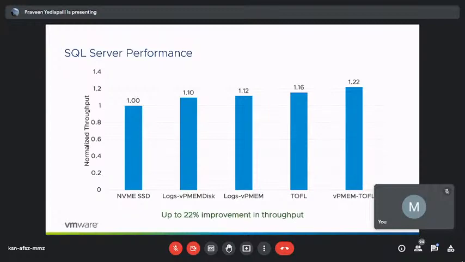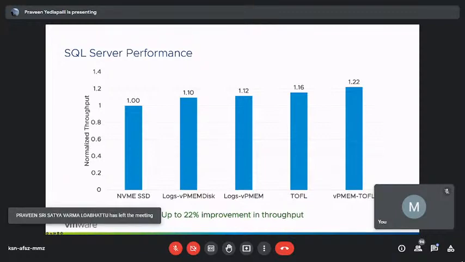So Microsoft changed their SQL Server application to understand PMM. And with that change, we are able to get 22% improvement on top of SSD. Without that change, the best case is 16%. So by changing your application, you can generally get more throughput from the PMM.